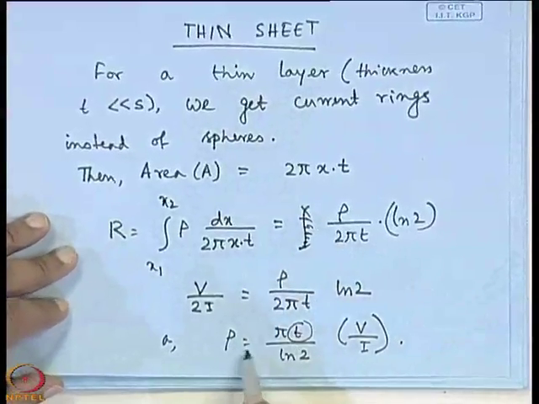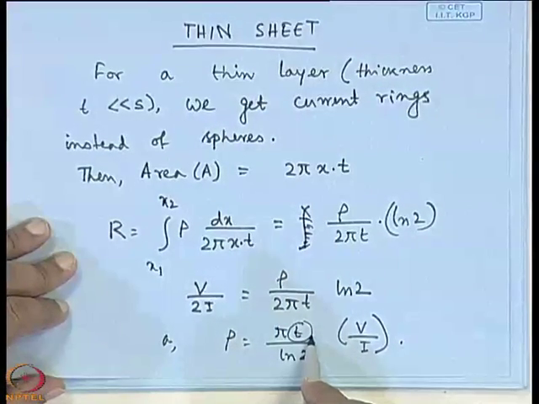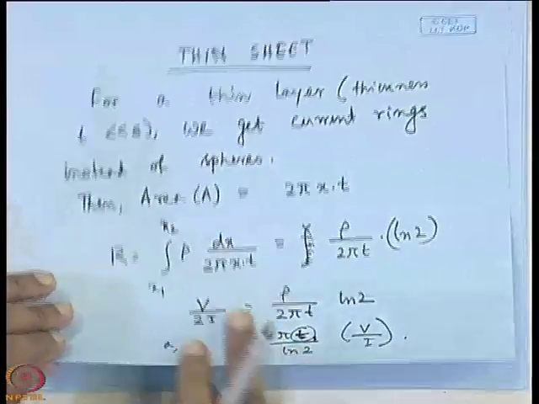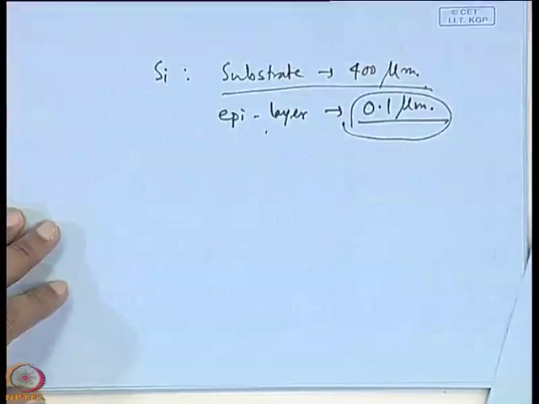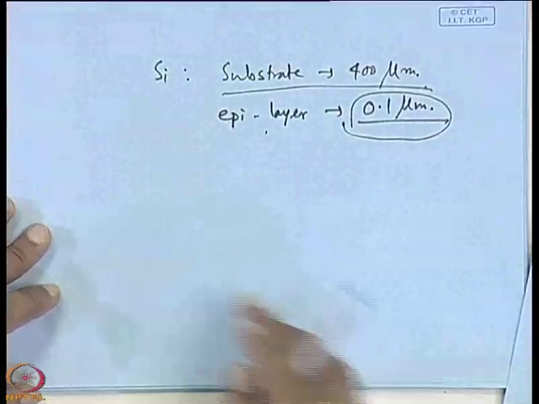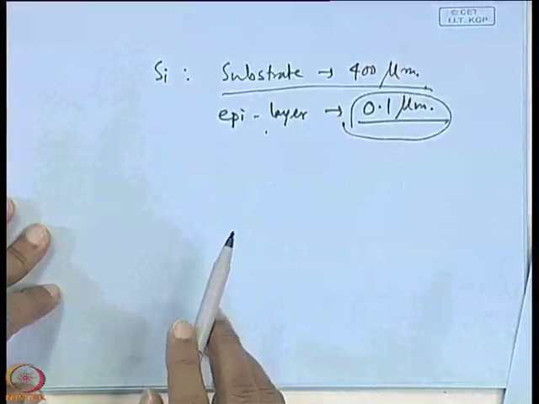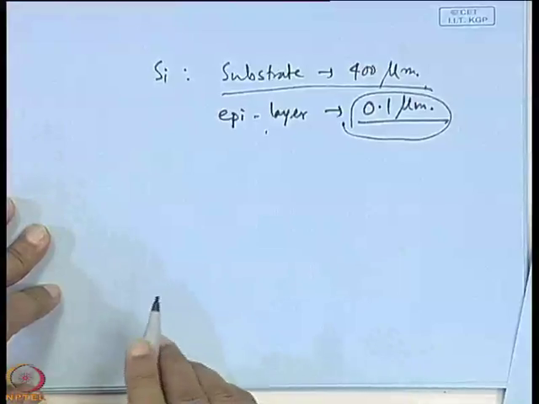So, in this case you see that for the thin sheet, it is independent of the probe spacing S, and it depends only on the thickness of the material. Now, about this thickness, in some books or in our lab we have mentioned that there must be a correction factor.